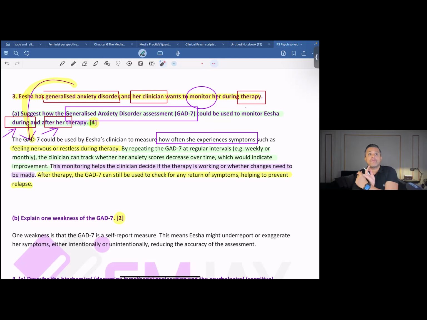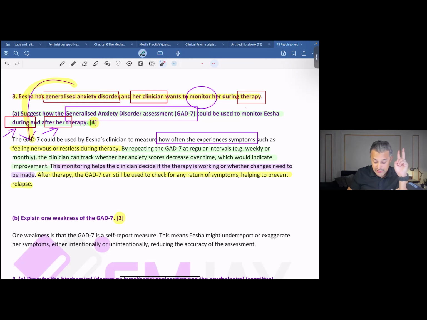Like, if you have a fever, your temperature might be checked by a clinician or a nurse or your parent at regular intervals, right? So likewise, in this case, if Isha is someone who has generalized anxiety disorder, the GAD-7 could be used at regular intervals, for example weekly or monthly.